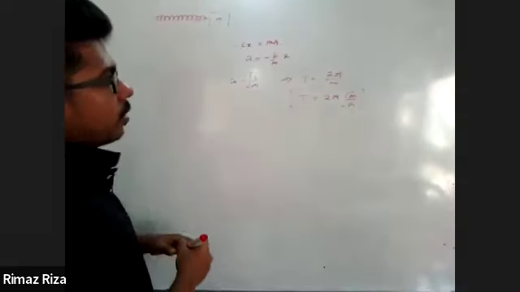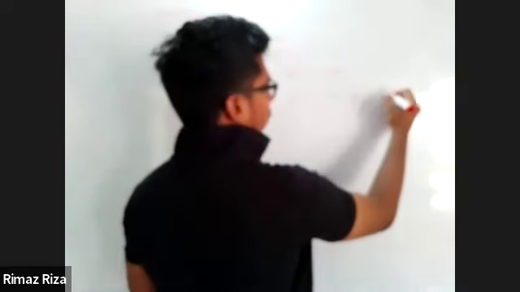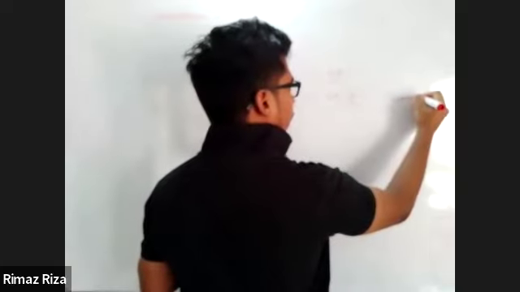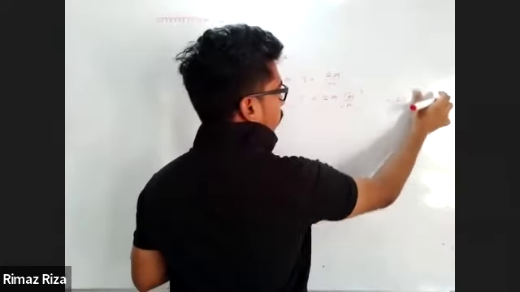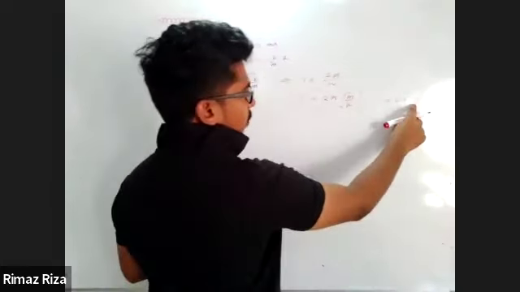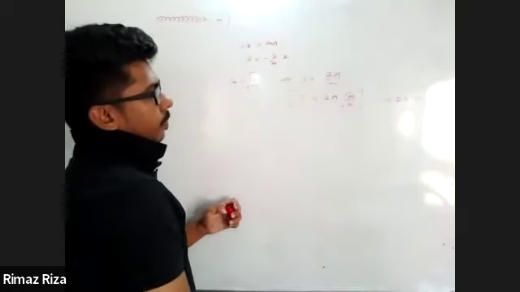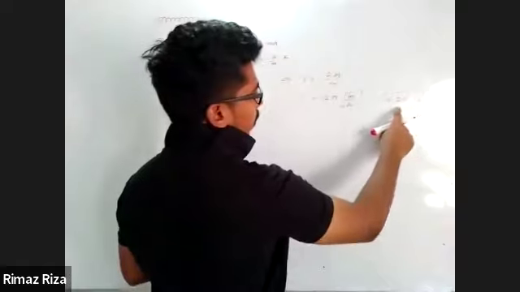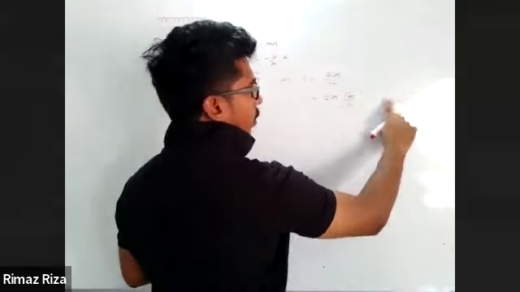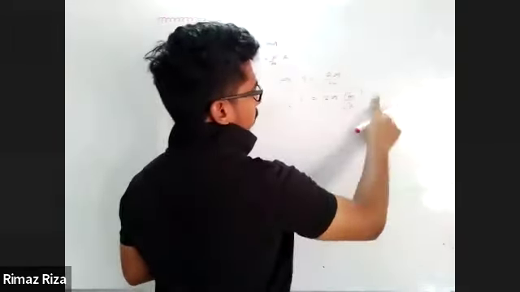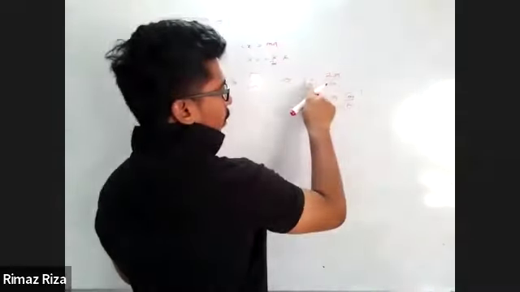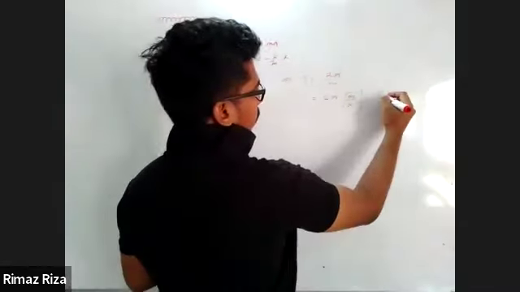Okay. And the frequency is simply 1 over T, which is f.